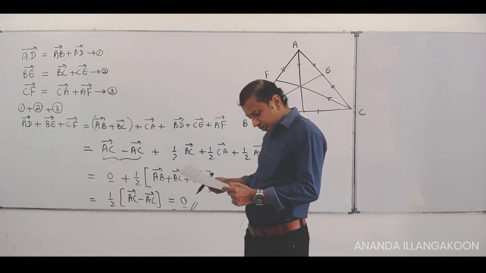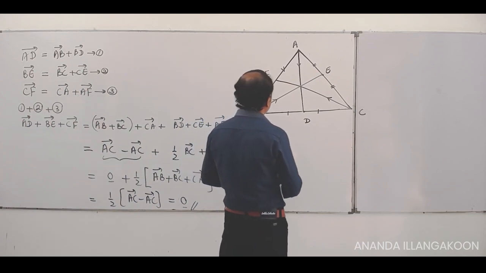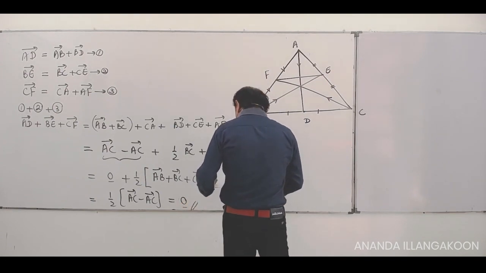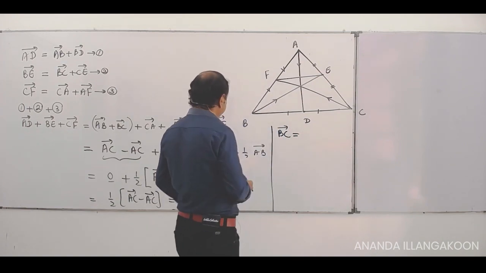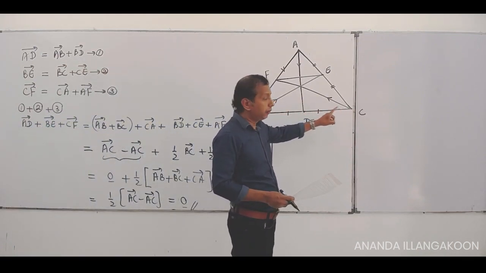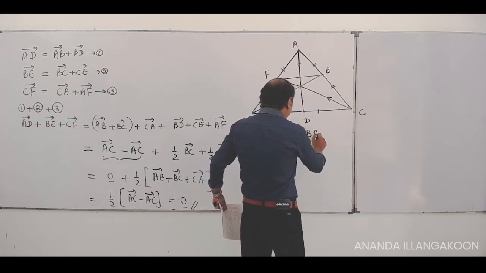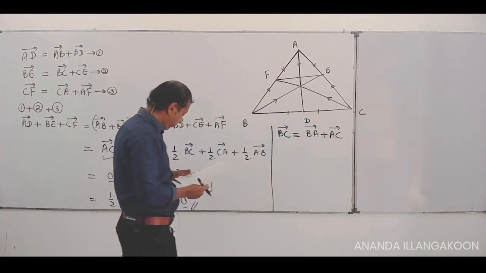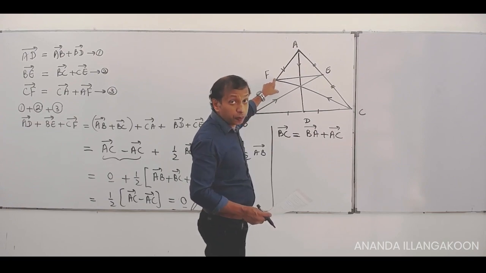Secondly, I'm asked to show BC equals 2FE. Here we have joined F and E. We can write the BC vector, B to C, as BA plus AC by using the triangle law of vector addition. F is the midpoint, no?